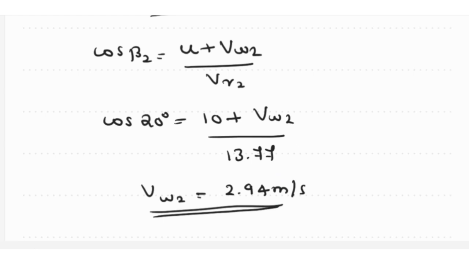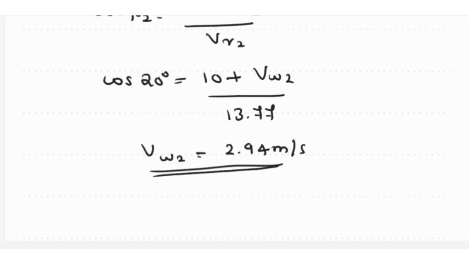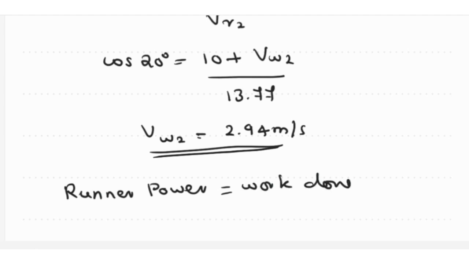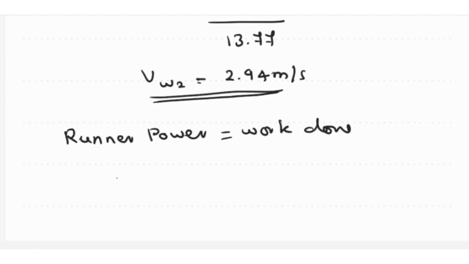So now we can calculate runner power very easily. So runner power is equal to work done, which is rho into A into V1 into VW1.